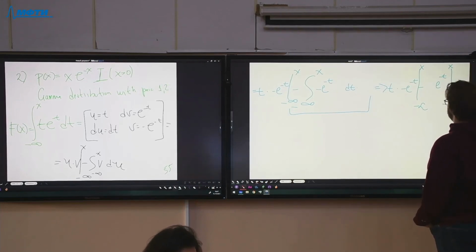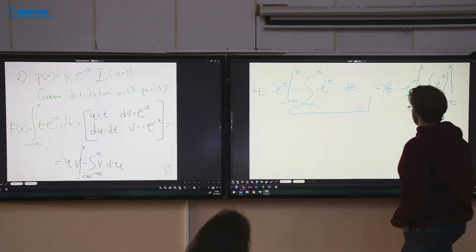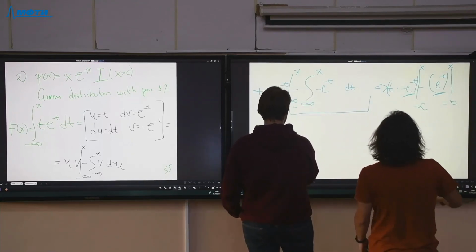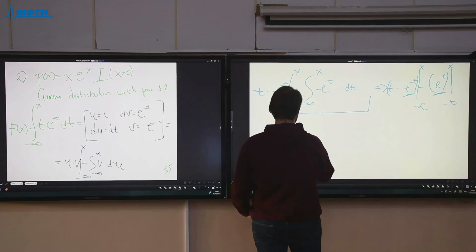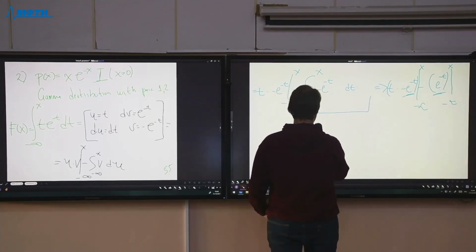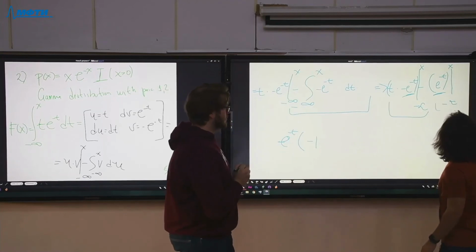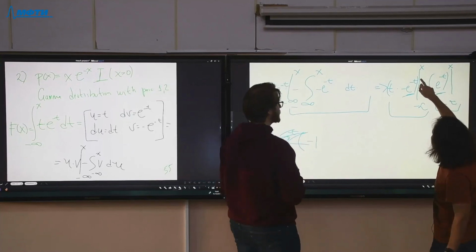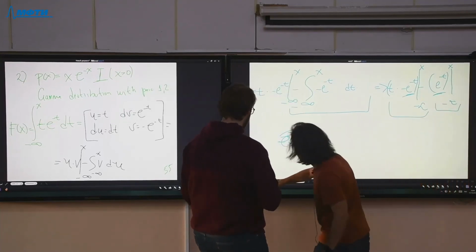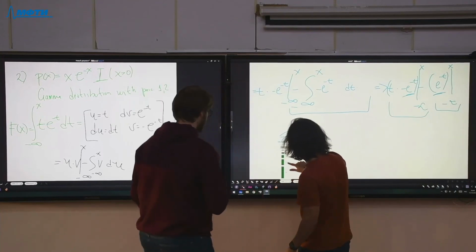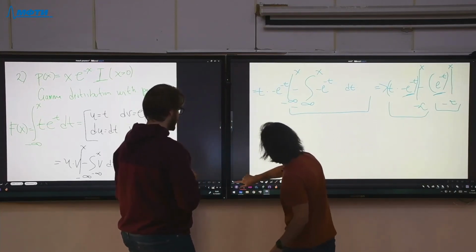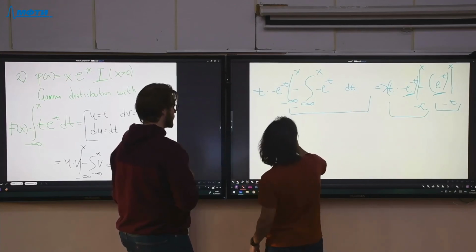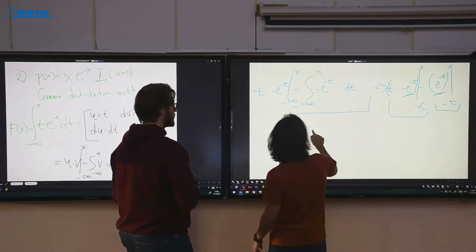So I think we can group like terms. Take e to the minus t out. Let's find this and find this. When we have x, it is minus e to the minus x, right?